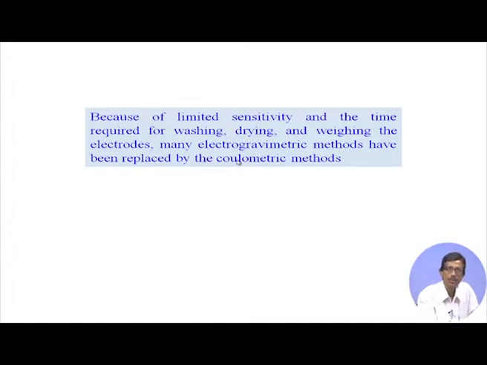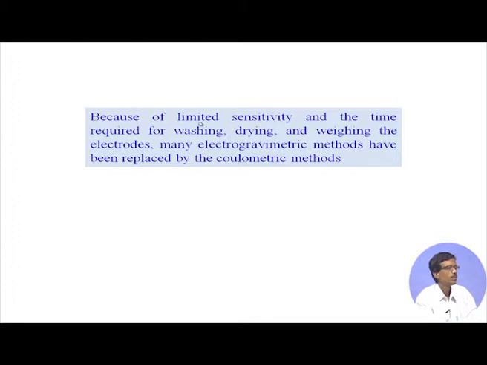If the selectivity is not so high, and considering the time required for washing, drying and weighing of the electrode, because it has several complicated steps. You have the electrode, say platinum, that has been deposited with copper.